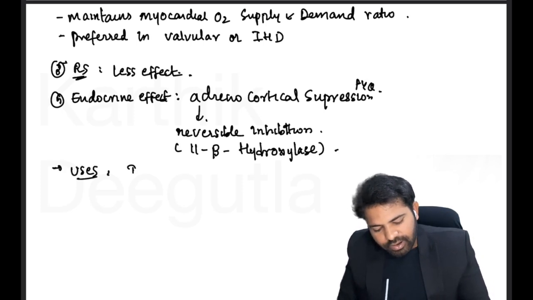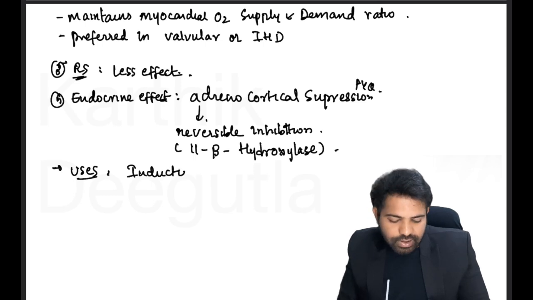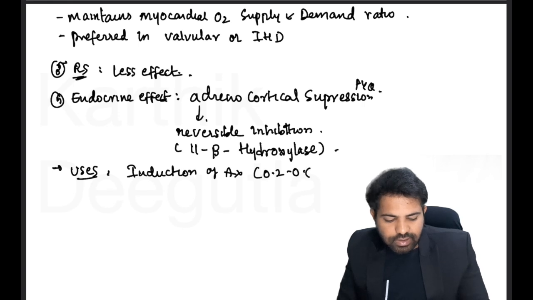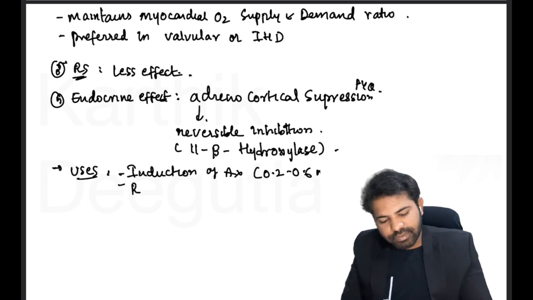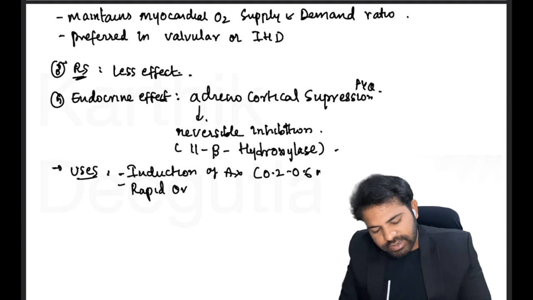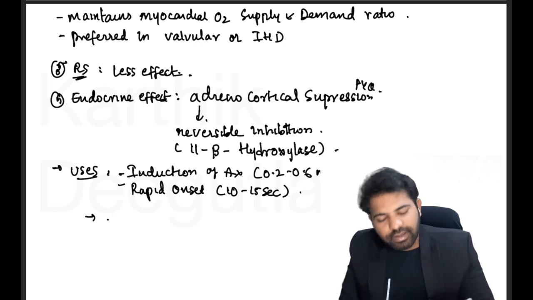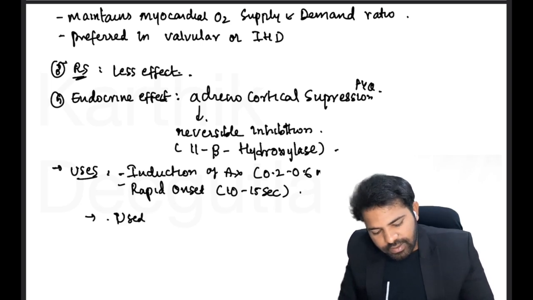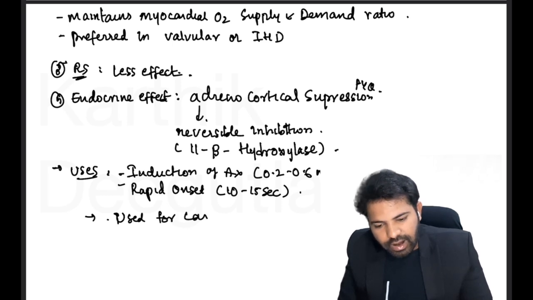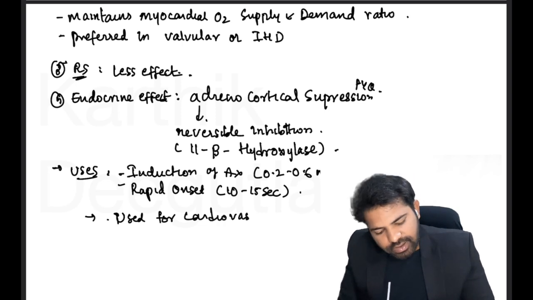Clear? Now what are the uses of etomidate? It is used for induction of anesthesia at 0.2 to 0.6 mg per kg IV dose. It has a rapid onset of action, which is 10 to 15 seconds. It can be used for cardiovascularly compromised patients.